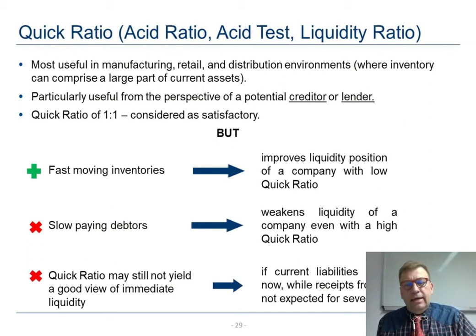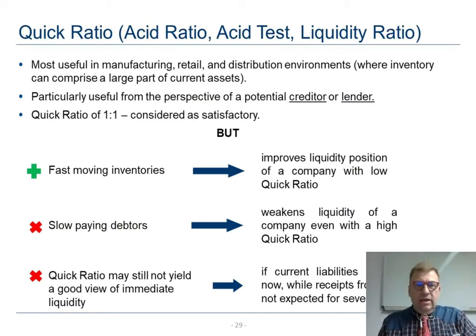But again, it's very important from the point of view of an entity who is in relation with you about money. So, a creditor or lender, they are with you in money. And a quick ratio of 1, meaning 1 divided by 1, is considered satisfactory. So 1 is okay.